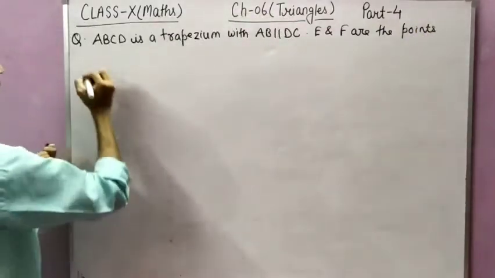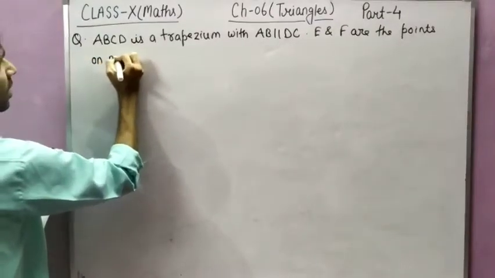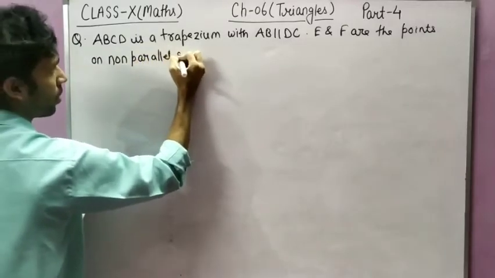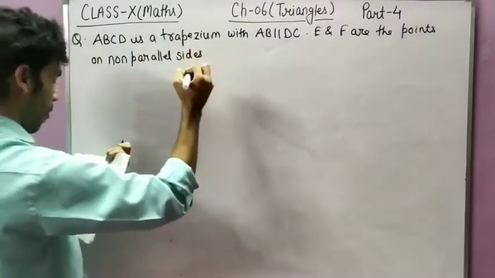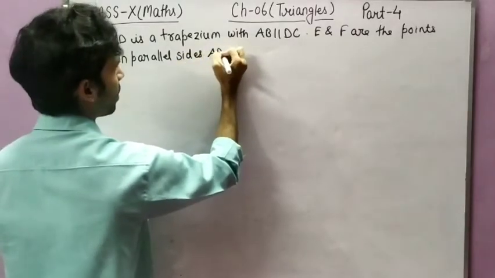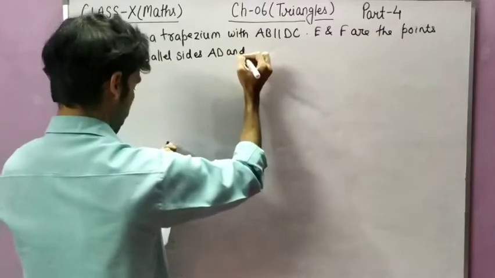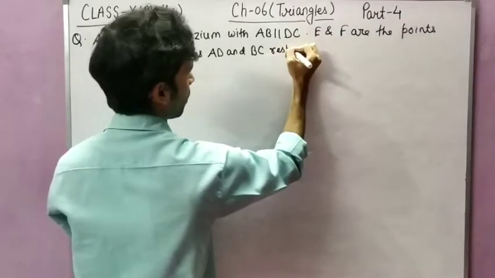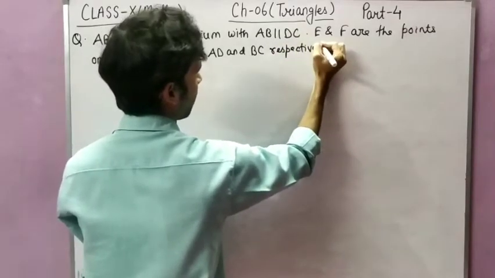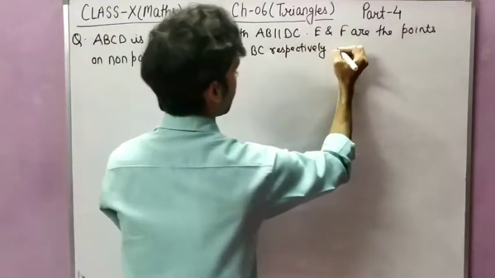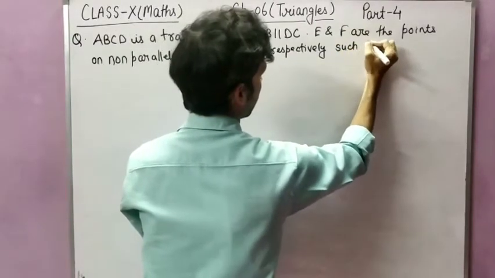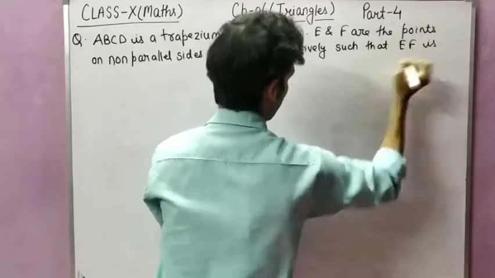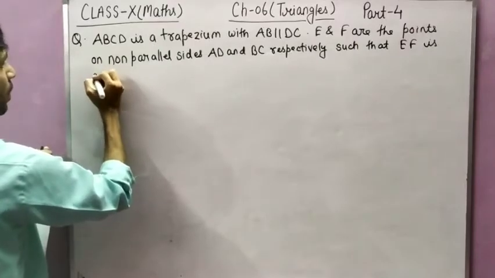E and F are the points on non-parallel sides AD and BC respectively, such that EF is parallel to AB.